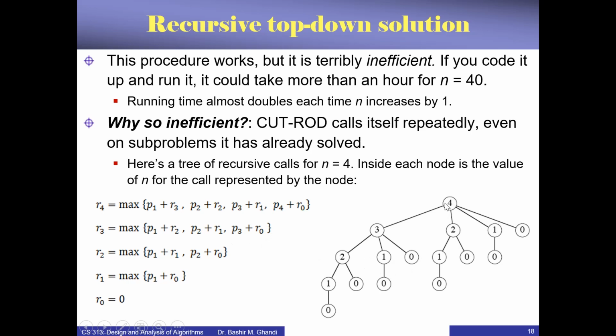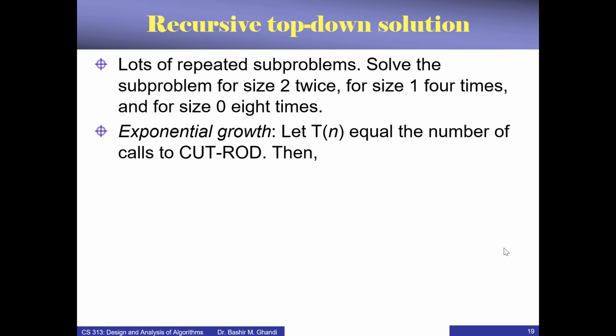So it's very similar to the tree that we got with the Fibonacci sequence. There are many repetitions. It says there are lots of repeated subproblems. It solves the problem of size 2 twice.